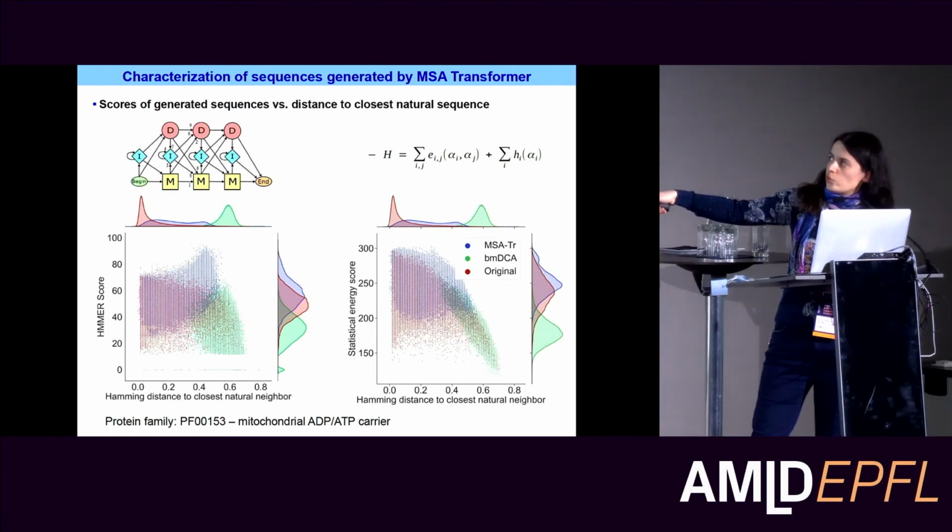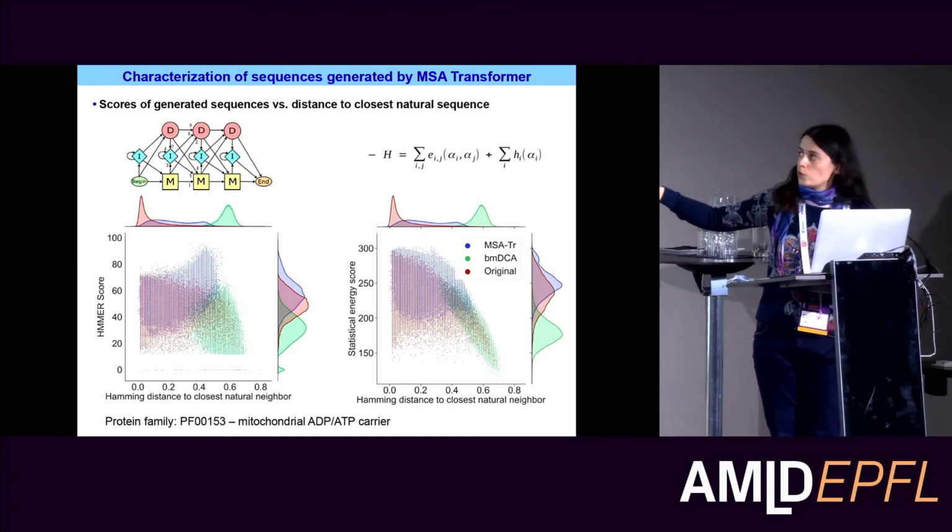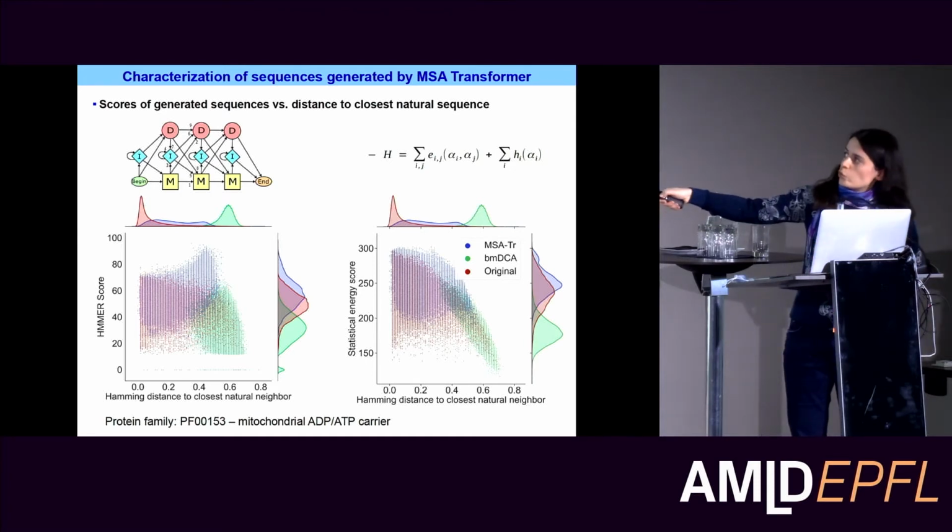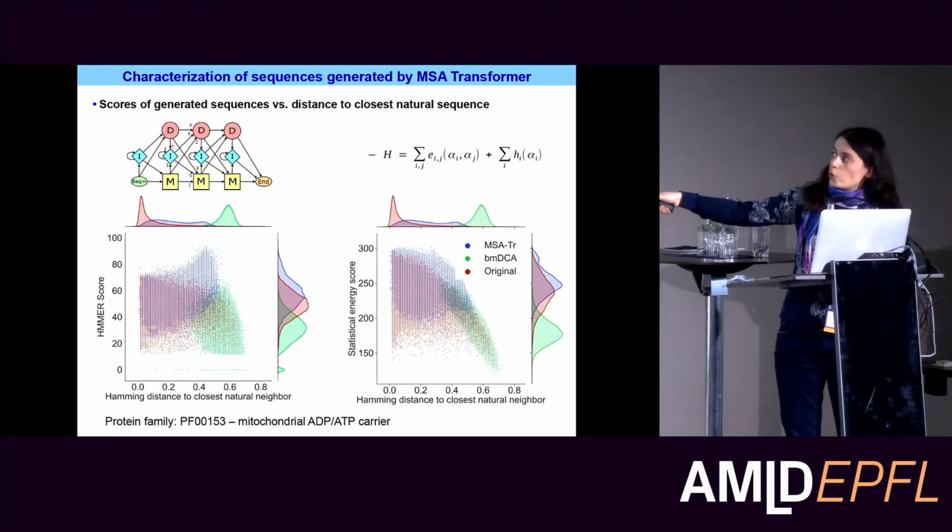And you can see this interesting fact that MSA Transformer tends to generate sequences which have actually higher HMMER scores, which are thus predicted as being better homologs than some of the natural sequences. And also an interesting correlation which tells you that it's not because the sequences are closer that they are better, rather the more distant sequences tend to have better scores. So this is quite interesting. You can see also on the projected histograms that the overall scores tend to be better for the MSA Transformer generated method.